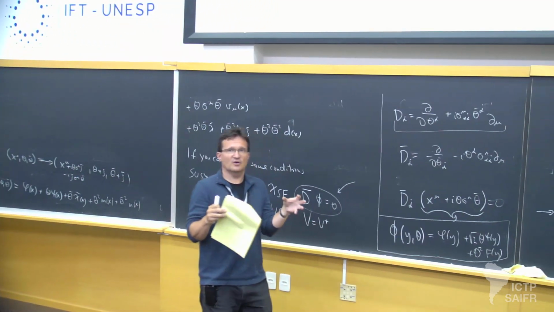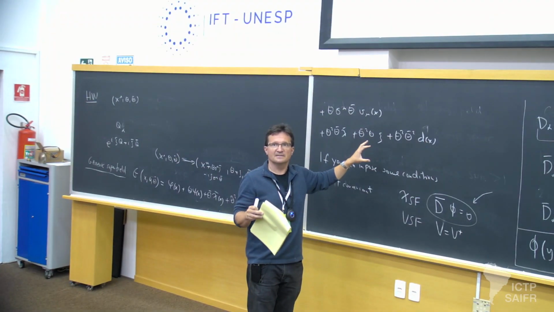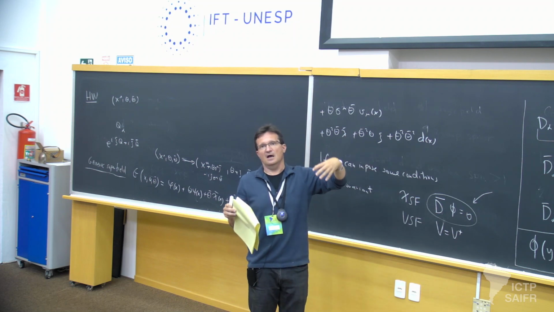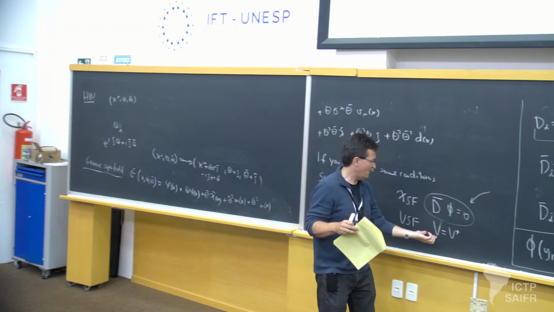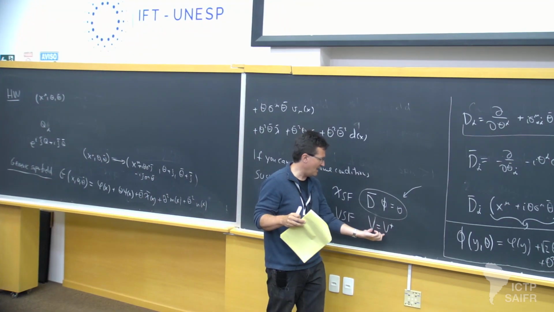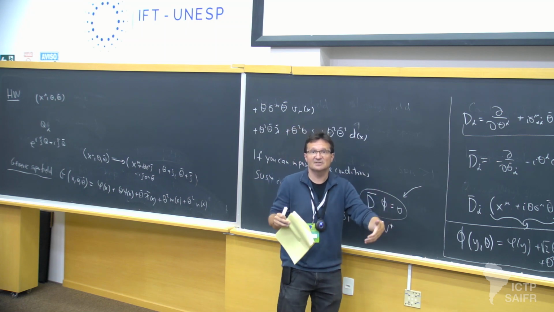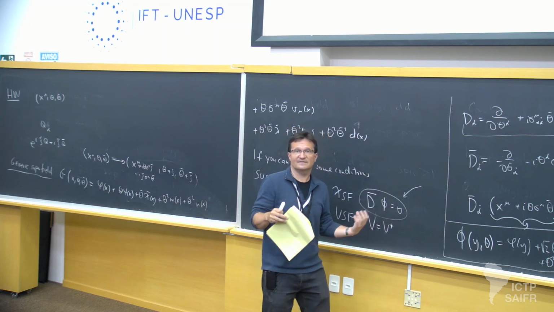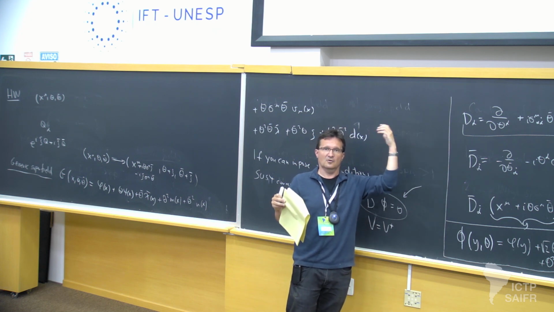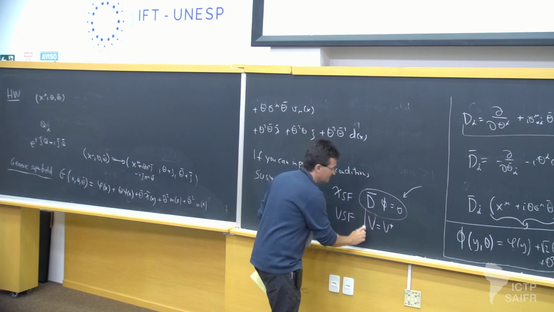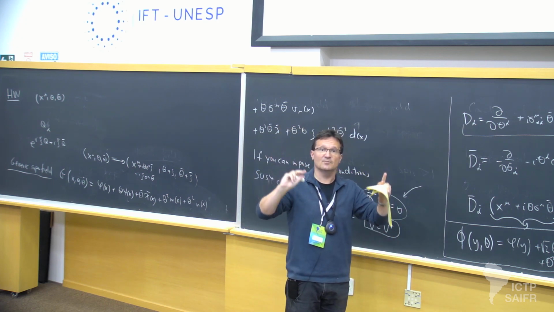You want to impose conditions on the general superfield which remain covariant. If I find a condition that, when applied to the supersymmetrically transformed field, remains the same, then clearly this is not going to mix with any of the other components. So whatever solves this is guaranteed to be sort of an irreducible representation.